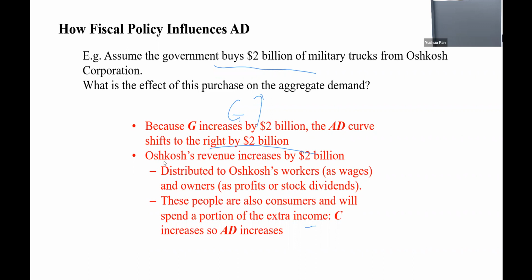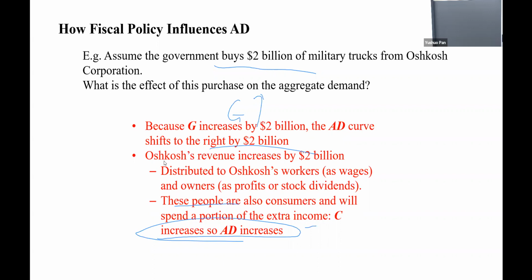In that way, this group of people's real income increases because of the government spending increase. So they are also going to consume more because their real income increased. They use some of their income to consume goods and services, which increases the aggregate demand curve more than what the government spent.